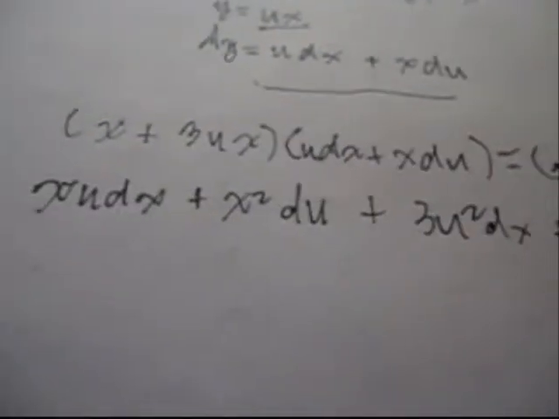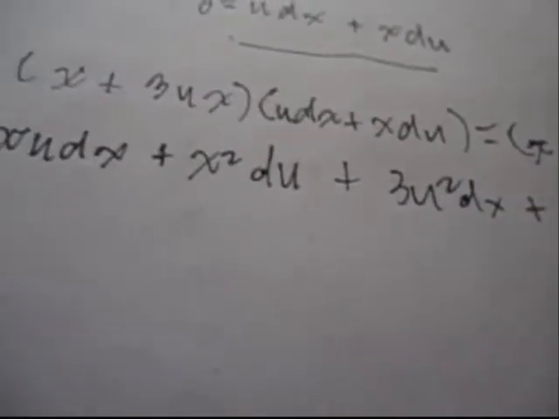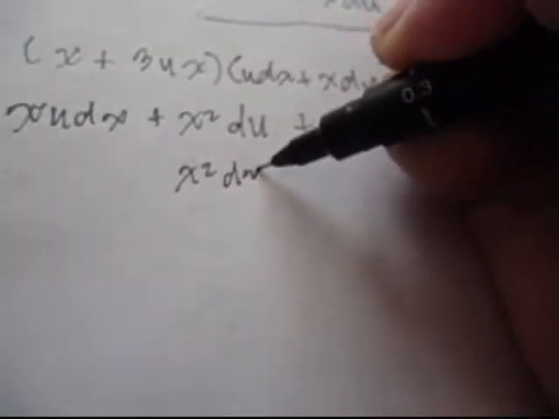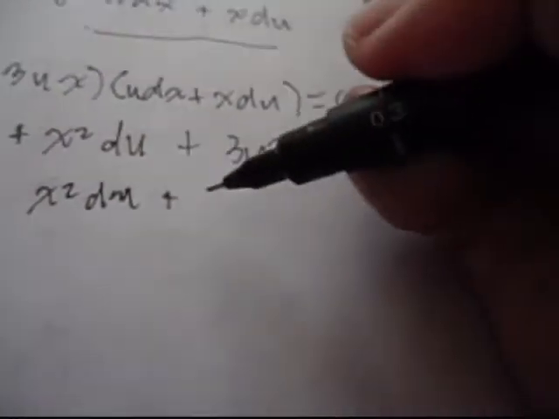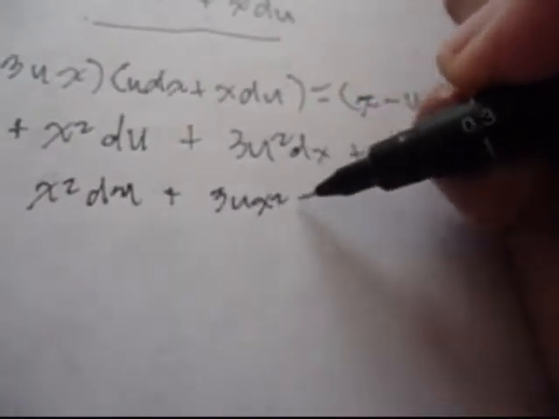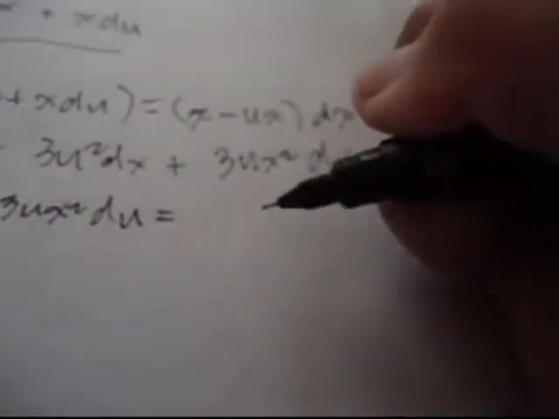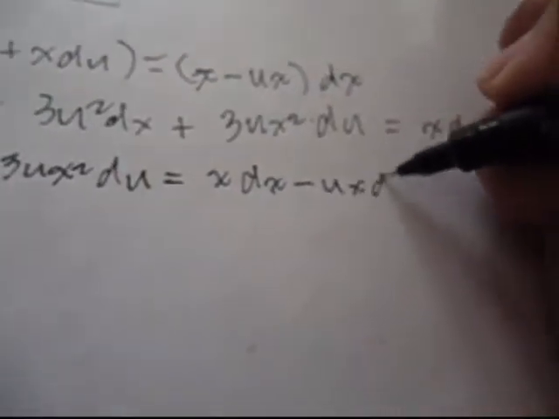Then after having that equation, we will separate those terms with du to one side and those with dx to the other side. We will group the terms. So we will have here x squared du plus 3u x squared du equals x dx minus ux dx.